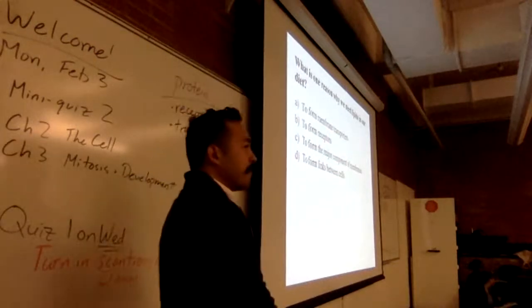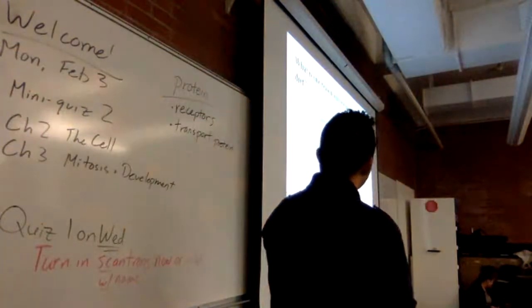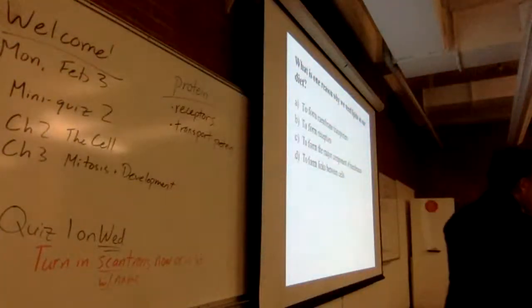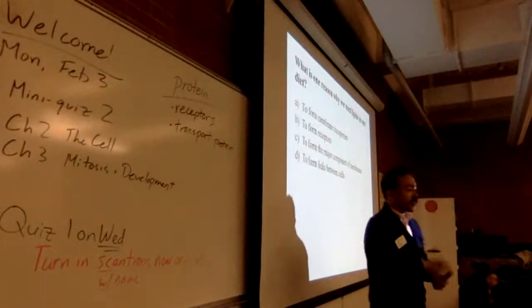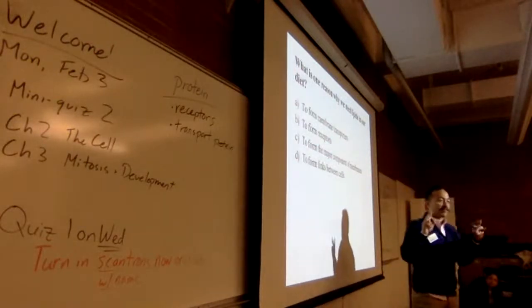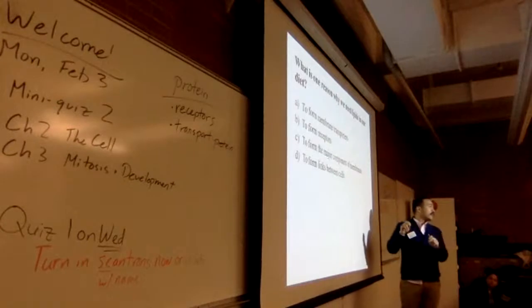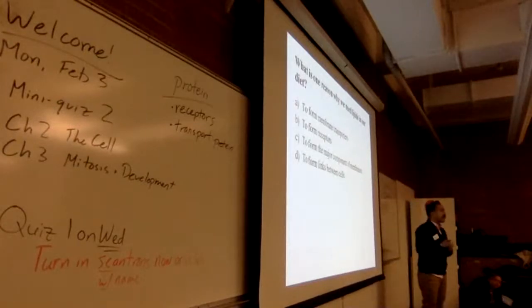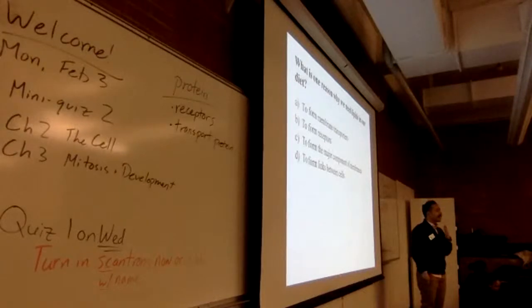Raise your hand a few more times. Carbohydrates, proteins, lipids, and nucleic acids. Those are biological. Raise your hand a few more times. Hands on three. 1, 2. Talk to your neighbors real quick.